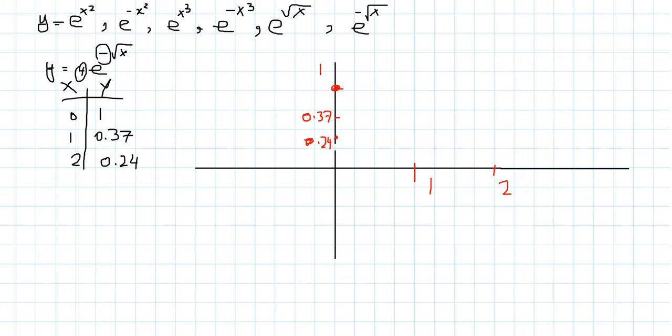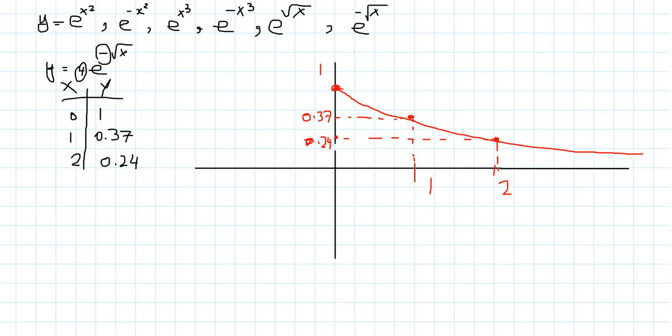If x is 1, it will be 0.37. If x is 2, it will be 0.24. So I know my graph passes this. Easily we draw it, and I have the horizontal asymptote. It is y equals 0.